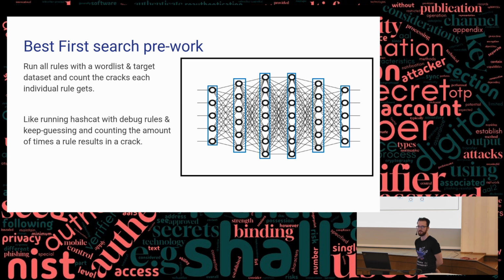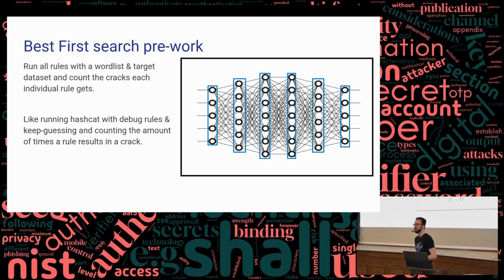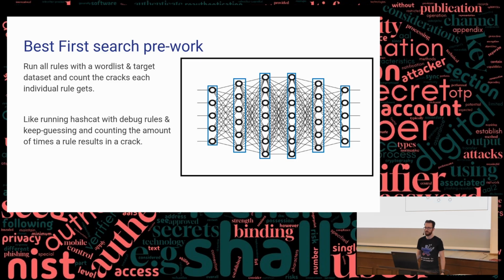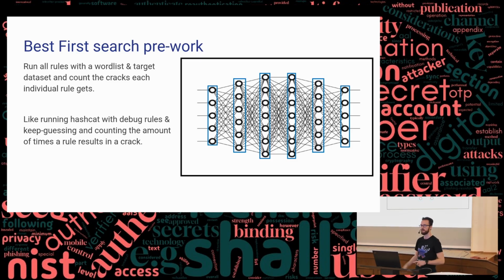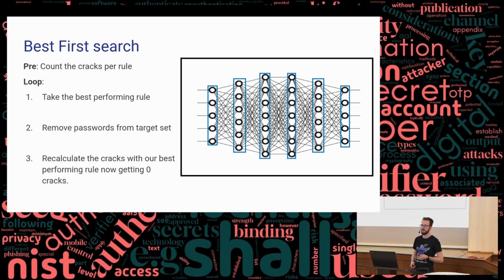So let's look at optimization. This went through a few different stages, but the result I ended up with is the best first search. You run all the rules with a base word list and a target data set, and you count the number of cracks that each rule gets. So you kind of just keep guessing in a hashcat setting, like the debug method that I mentioned before, but a little faster.